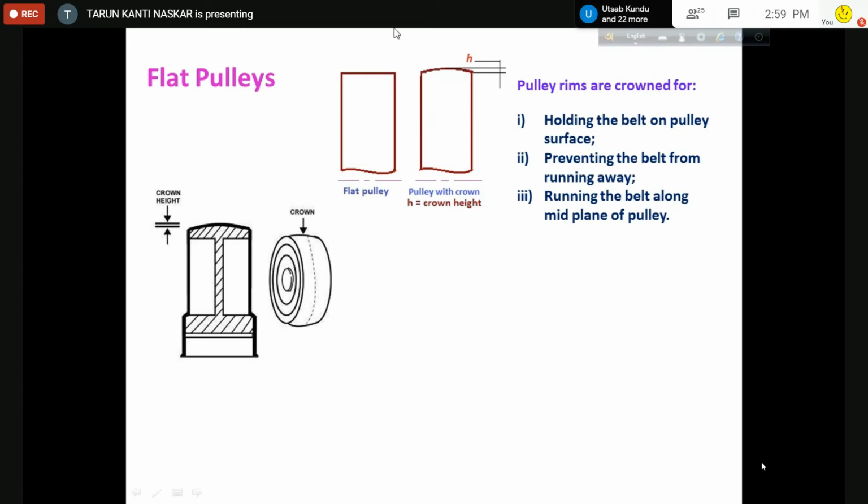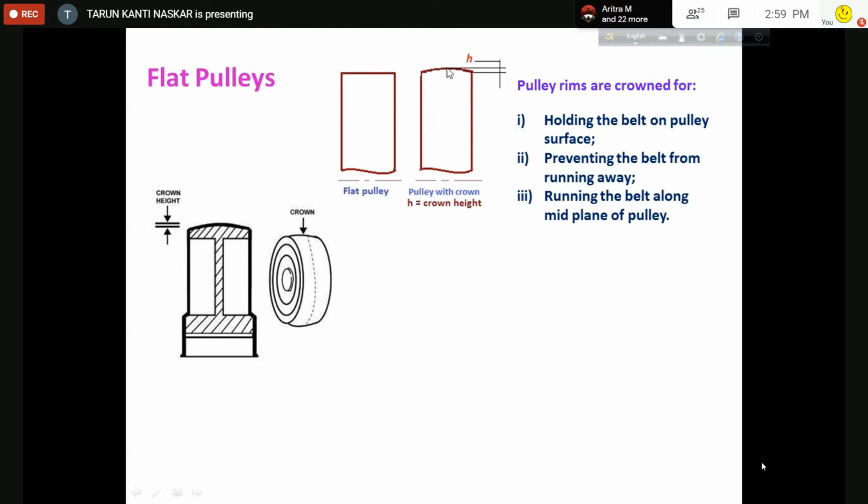Now the arrangement should be that the belt sticks to the center line of the pulley. Now it is crowned in this manner, a convex form. So the midpoint is the higher diameter.